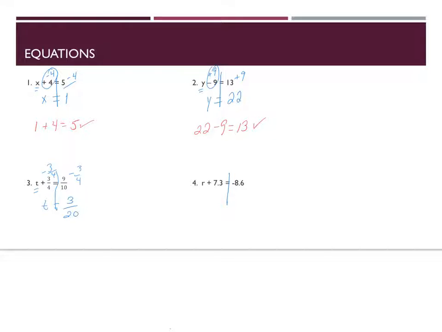I can use technology to find my answer, and I can use technology to check my answer. Plug in 3/20 where the t was, add 3/4 to it, get that answer and change it to fractional notation, and the answer should be 9/10. If it is, my answer checks.